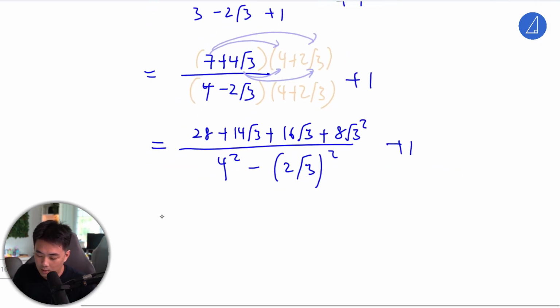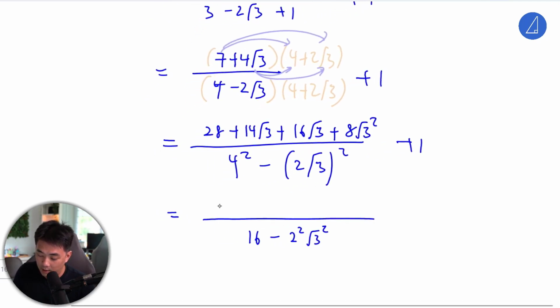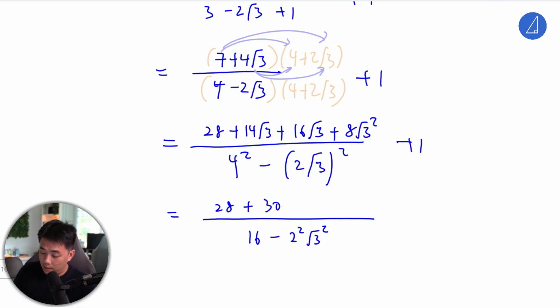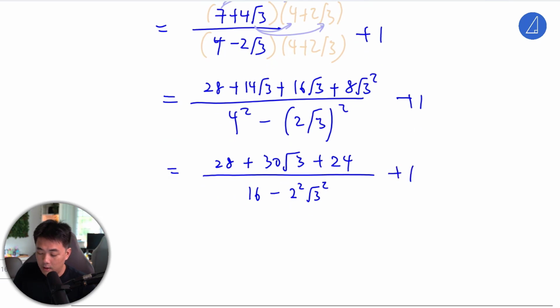What I get is 16 minus 2 square root 3 square, which is actually 4 times 3. The top, we could just simplify: 28, 14 plus 16 will be 30 root 3. Then this is root 3 here, 8 multiplied by 3 will be 24. And this is plus 1.